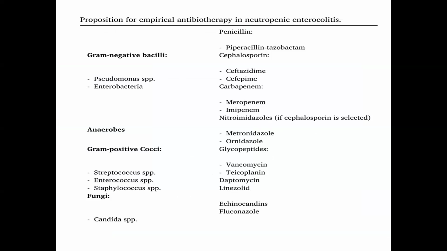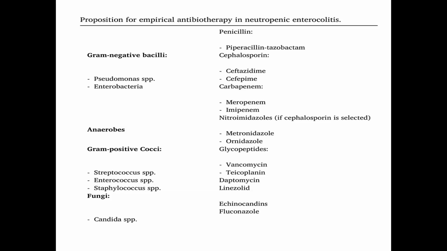Yes. Okay, so I'll try to be quick here. Most important is gram-negative bacilli are the implicated organisms, especially Pseudomonas species and Enterobacteriaceae. Preferable broad spectrum gram-negative coverage will be piperacillin with tazobactam.